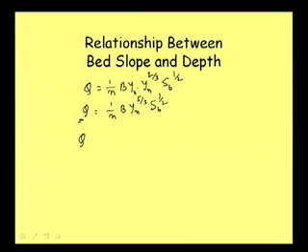Now, for a given discharge Q, the same discharge, for any other depth y, not the normal depth, we can write 1 by n, b, y to the power 5/3, and for gradually varied flow we need to use the friction slope, S_f to the power half.